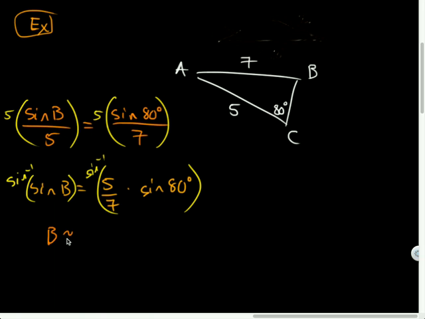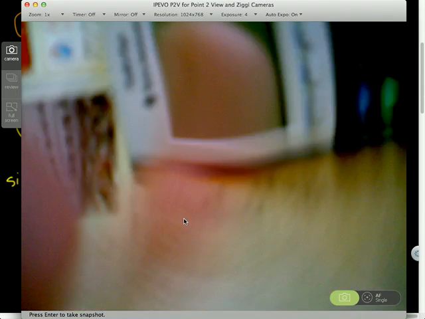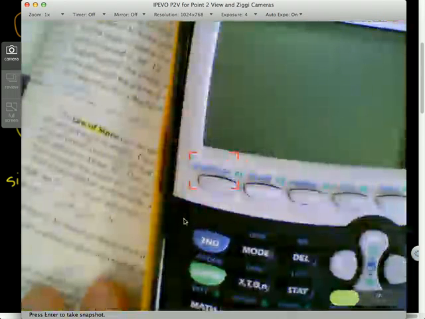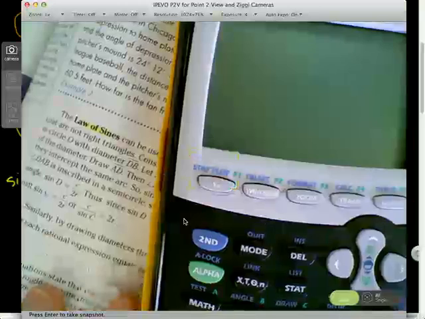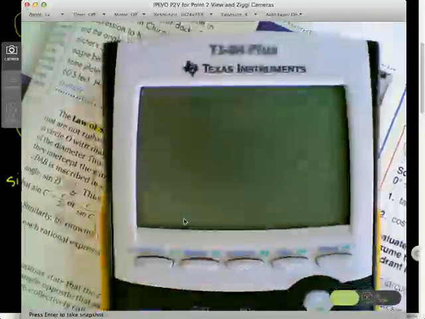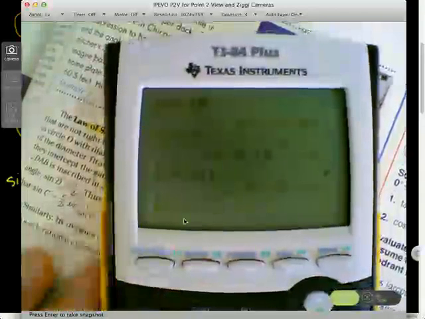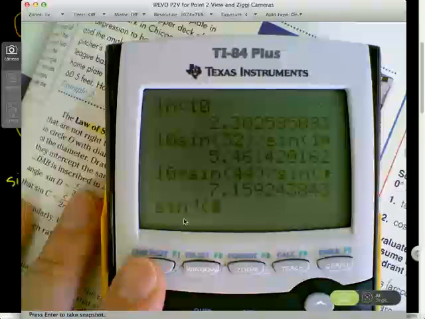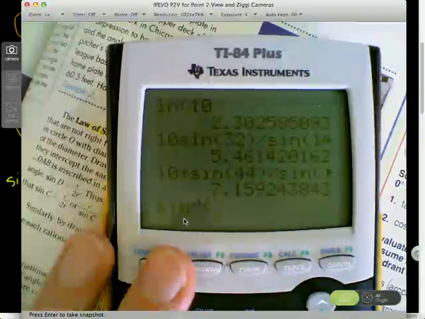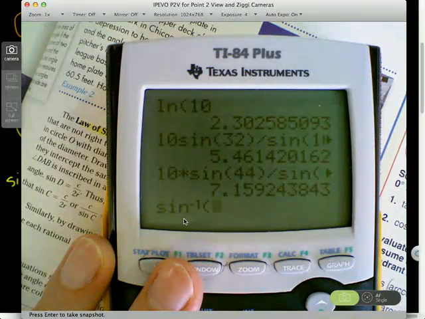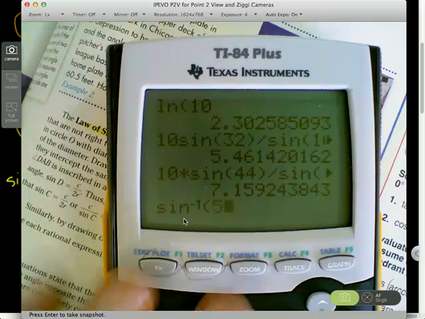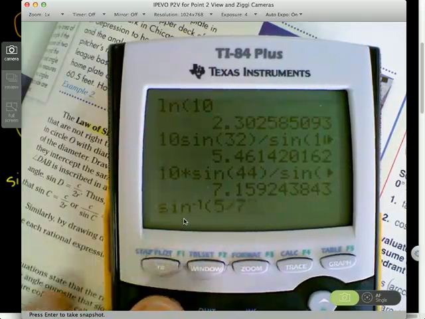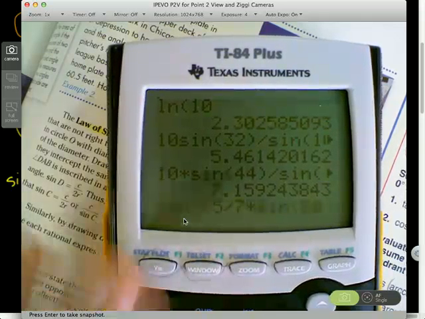So what is B approximately? Let's see, I might be able to plug it in a calculator here. I'm going to do second sine inverse of 5/7 times sine of 80.